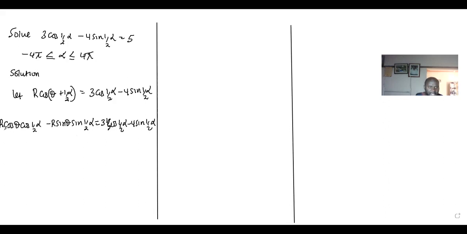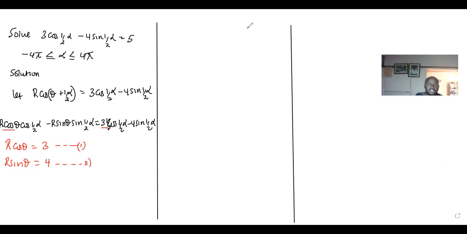We can compare R cos theta with 3 cos a half alpha. So R cos theta is equal to 3, equation 1. Then R sine theta is going to be equal to 4, equation 2.